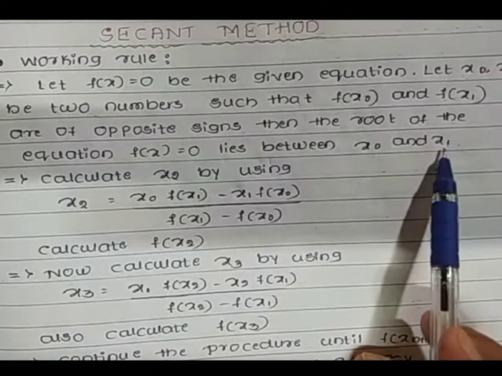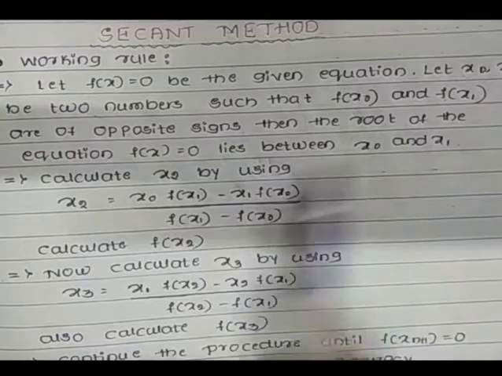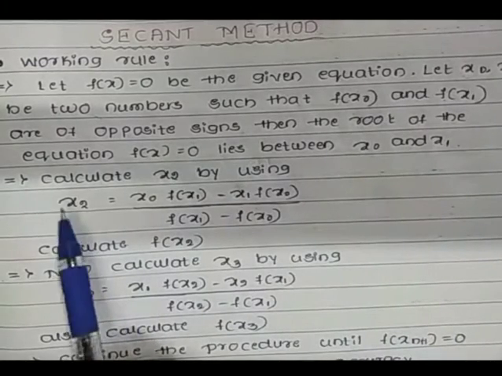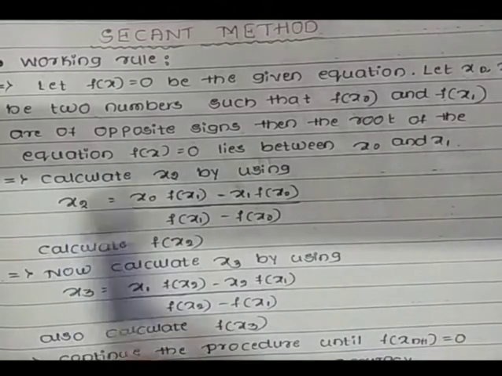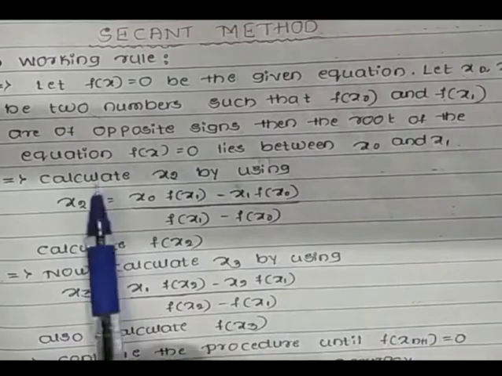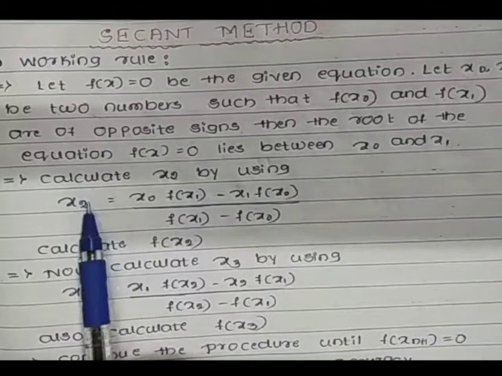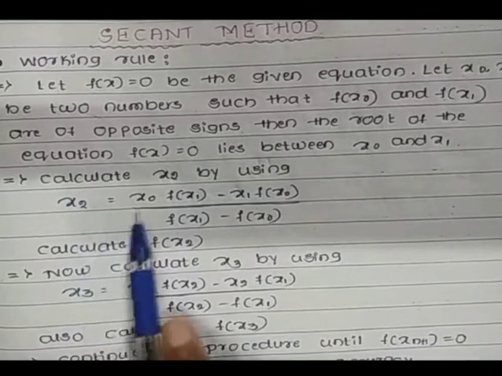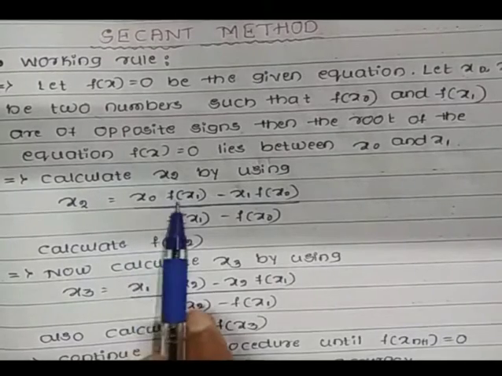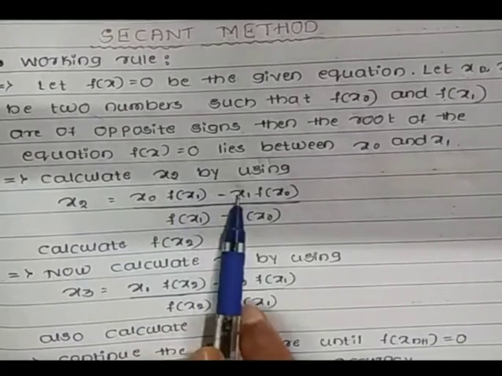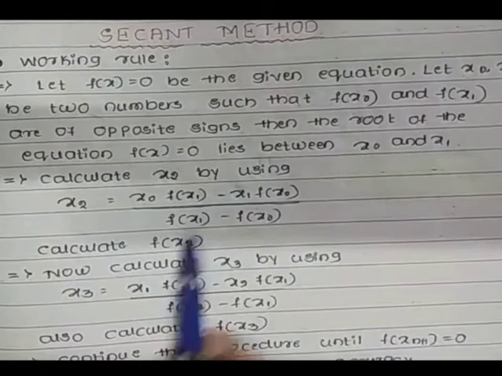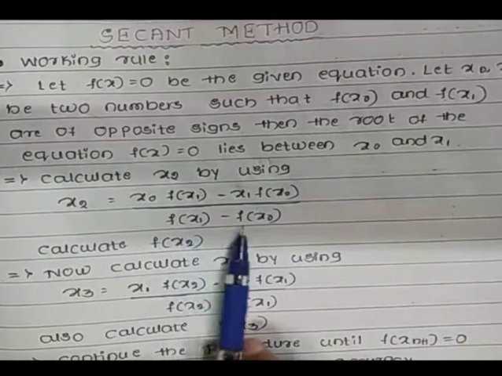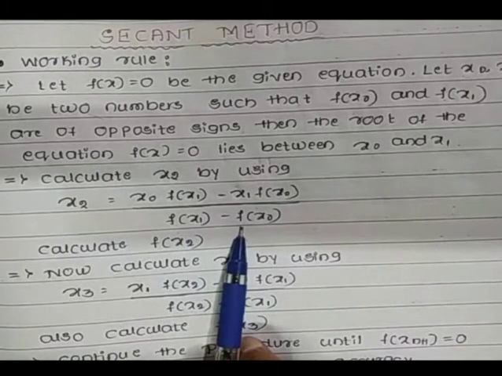So to calculate the first approximation we have to start from x2, not from x1. First we have to calculate the x2 approximation using the formula: x0 f of x1 minus x1 f of x0, divided by f of x1 minus f of x0.